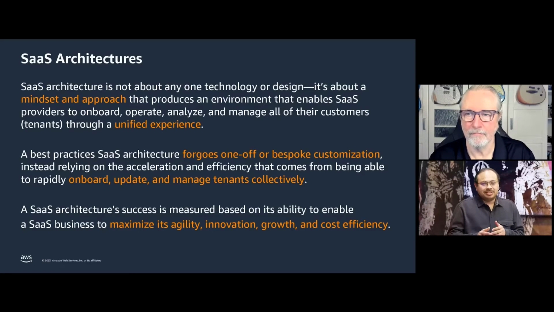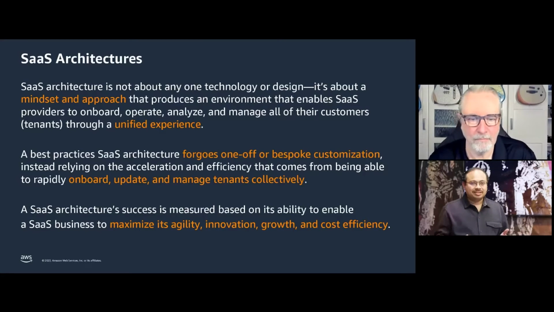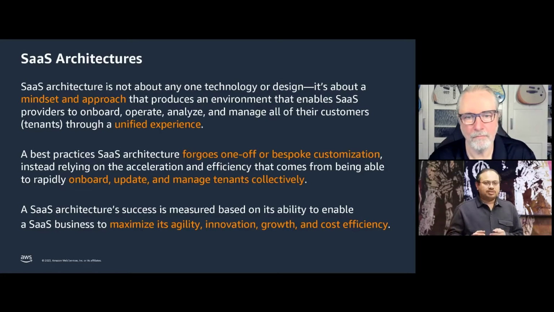It should not be that each customer has a different experience. If customers require a different experience, the best practice is to forgo customization and make it configurable, so that the experience for all of the customers is uniform.